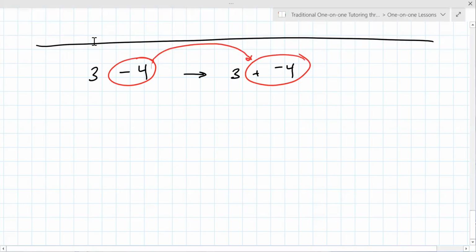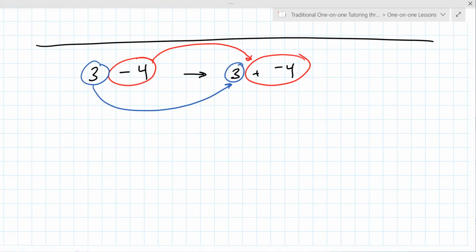The -4 becomes plus -4. The 3 just comes with it. So the -4 is basically, not really the sum, but this operator goes to the right. It never affects the thing on the left.